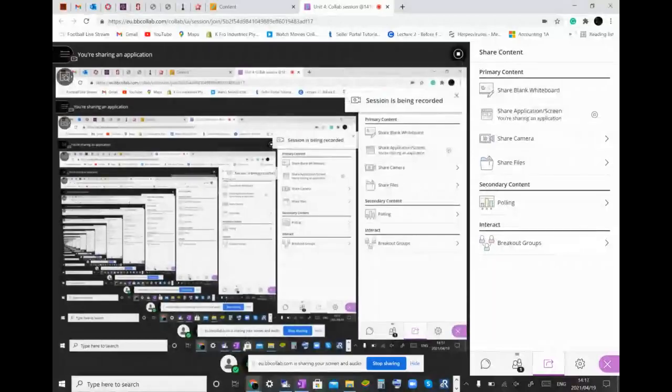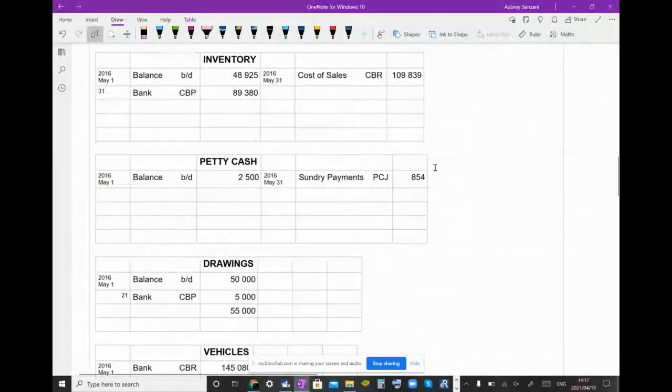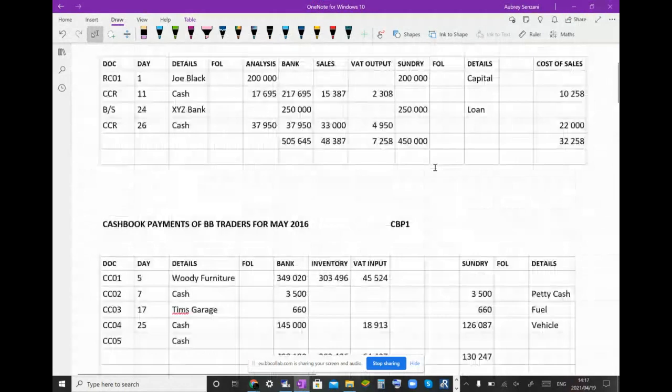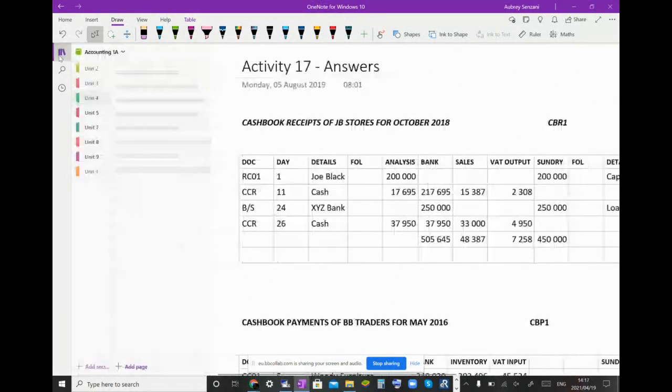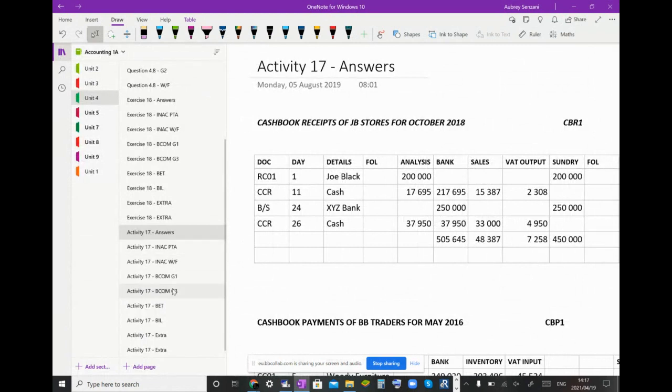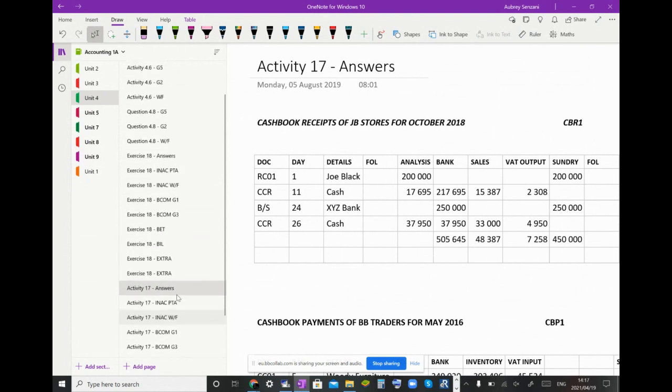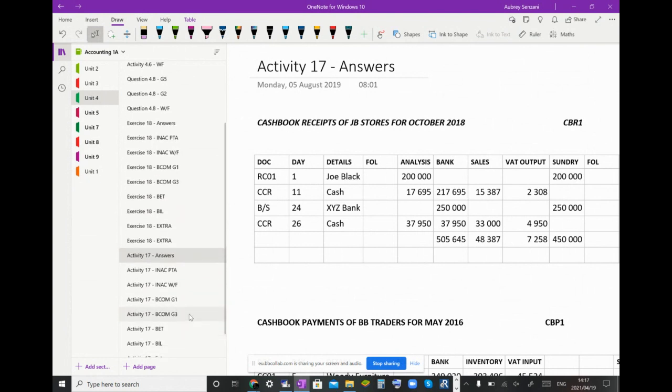All right, so what I want us to do, and I don't know how far we're actually going to get, is activity 17 and 18. I think let's just start with 17, and then we'll see how it goes.